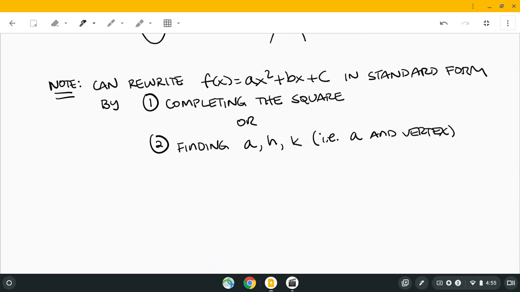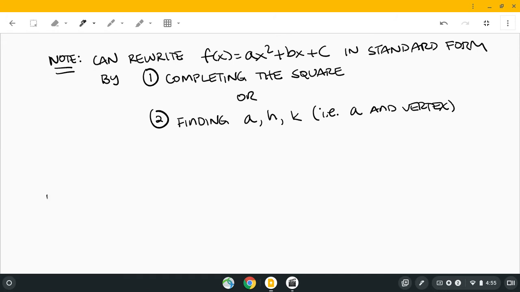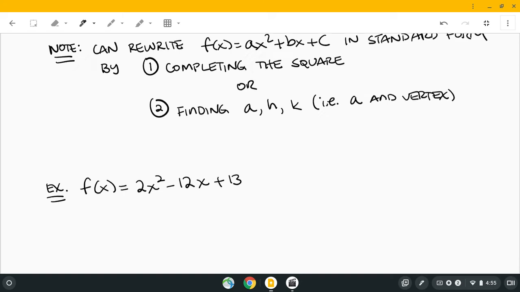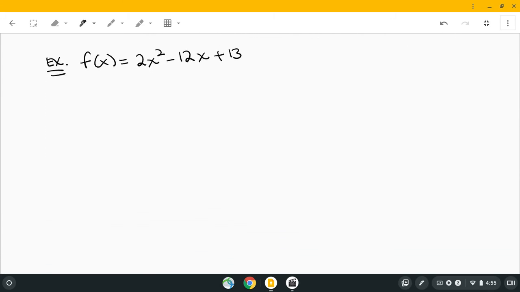All right, so let's take a look at this example here. Suppose that we have this quadratic, 2x squared minus 12x plus 13. And suppose you're asked to do all of these things. A: express f of x in standard form.